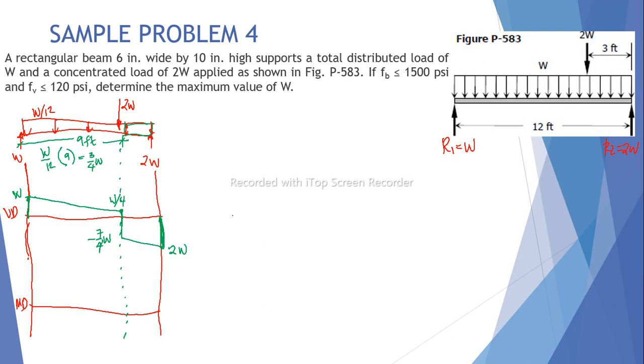For our moment diagram, we can simply assume this shape. The maximum moment is where the shear is zero, so that is the location of the maximum moment.